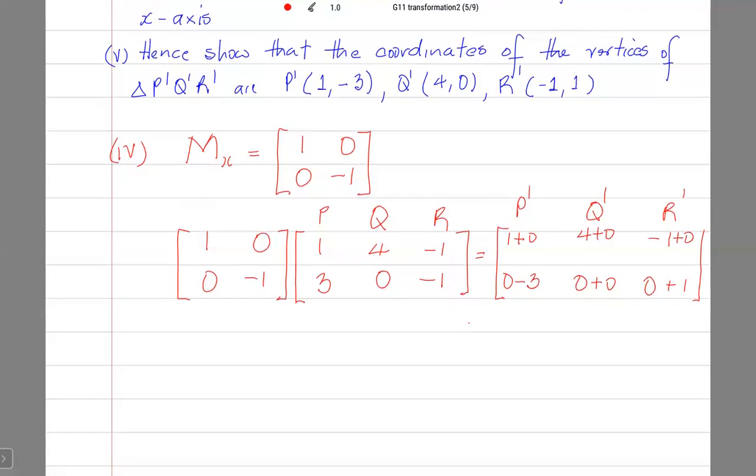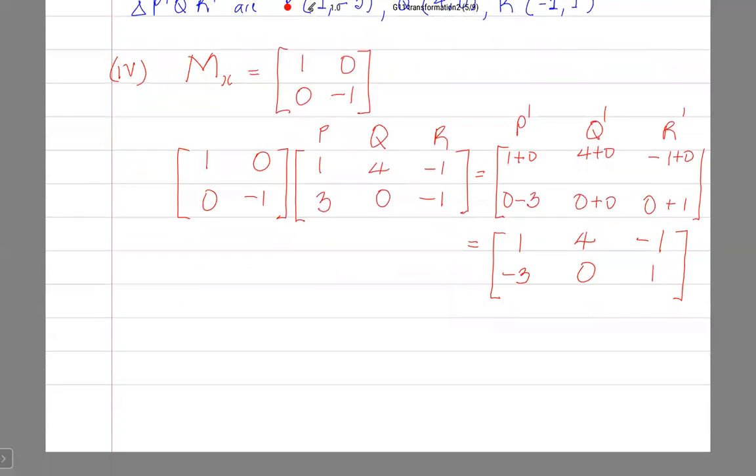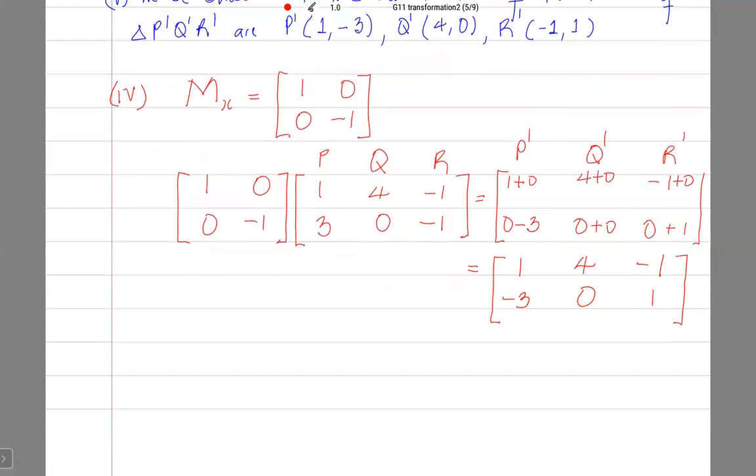So this would make this matrix 1, -3, 4, 0, and -1, 1. So this means that the coordinates of P prime would be 1, -3. The coordinates of Q prime would be 4, 0.